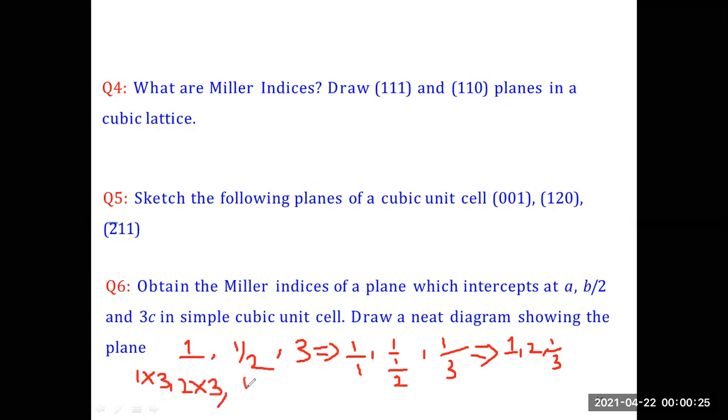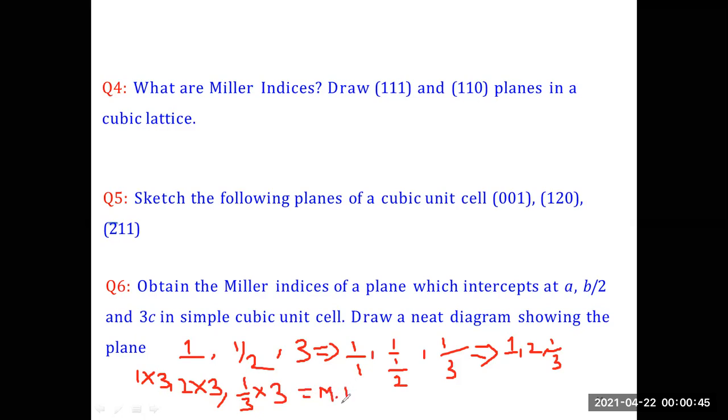And 1 by 3 into, what is the LCM? 3. So now we have reduced that fraction into a whole number.